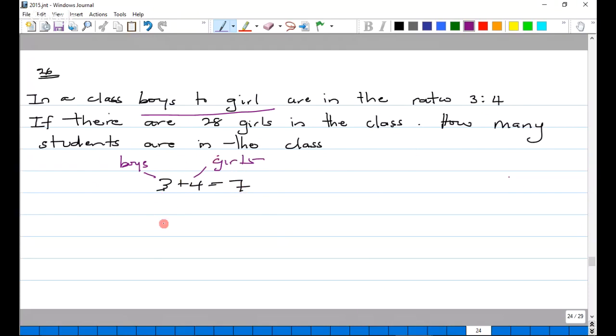So the boys would be represented by 3 7ths, and the girls would be represented by 4 7ths, and the whole would be 7 over 7. Okay. How many students are in the class? They told us that there are 28 girls in the class. So we know that the girls, 4 7ths of them, would be equal to 28.